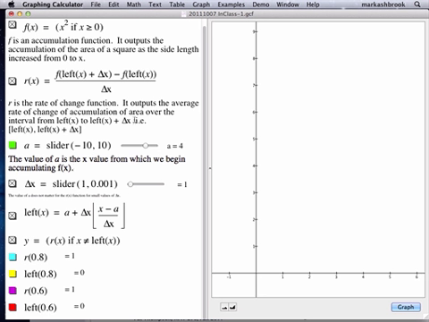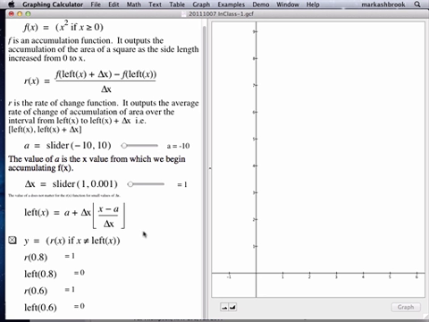Okay, so how does this rate function work? If I were to graph this rate function right now, I've got my delta x at 1. So I'll just put a like that. So I've got delta x as 1.